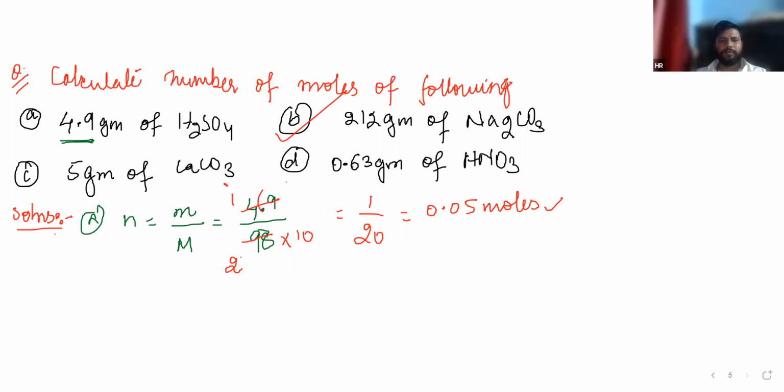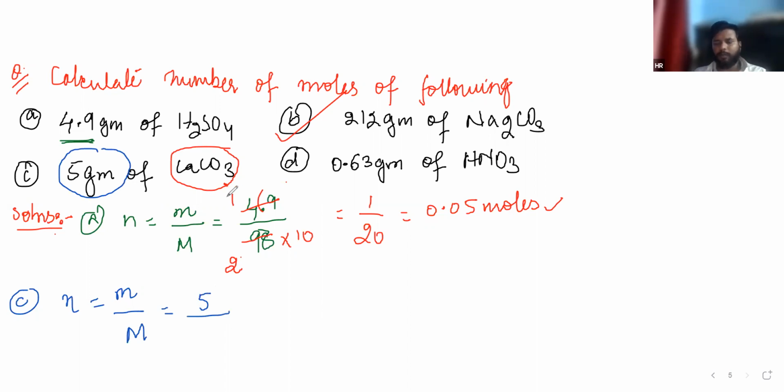Those two. What is this? CaCO3? I'm talking about C. Number of moles is equal to given mass upon molar mass. Just answer me. What is the given mass? 5 gram. What is the molar mass of calcium carbonate? You calculate it and tell me. If you have any problem in atomic masses, just see. Calcium has atomic mass of 40 gram, carbon 12 gram, and oxygen 16 gram.